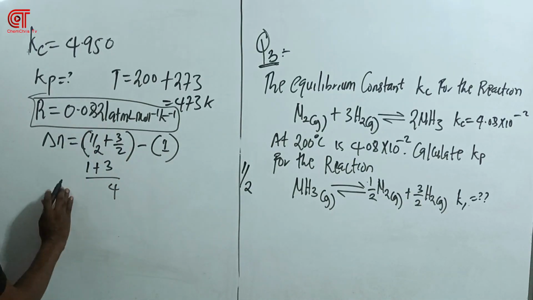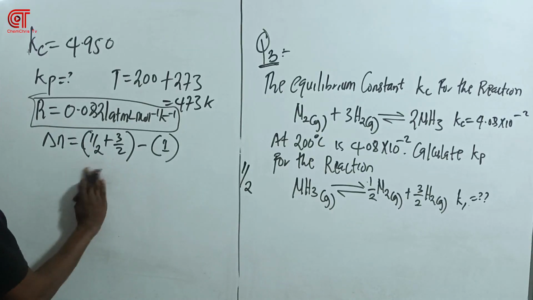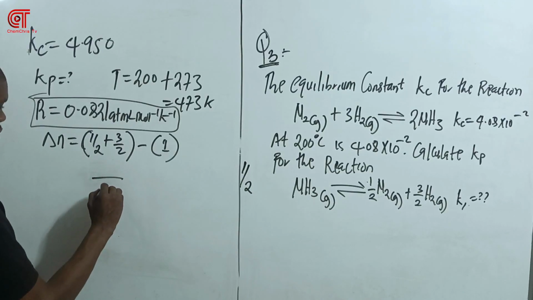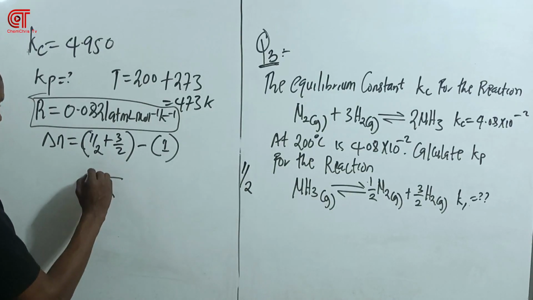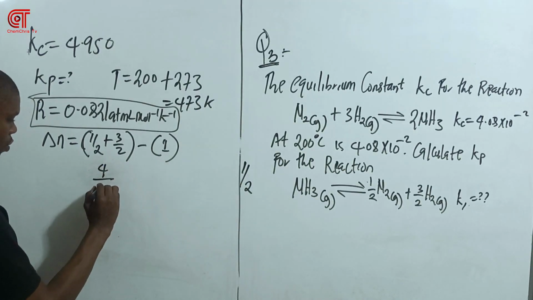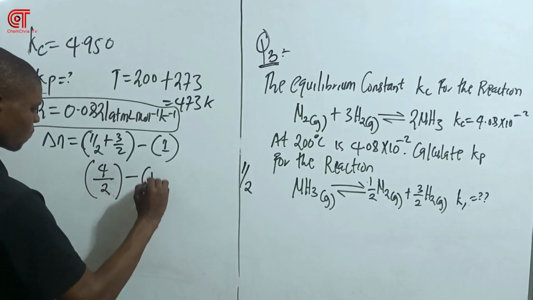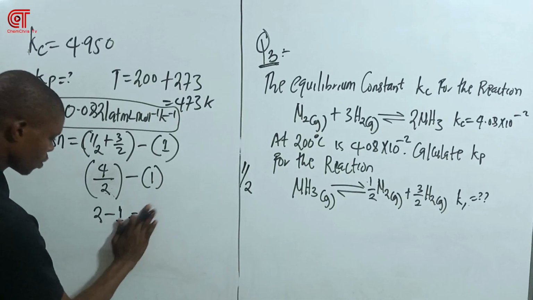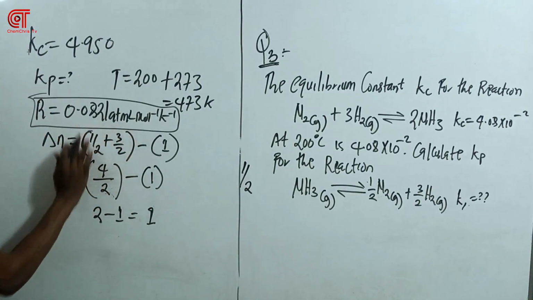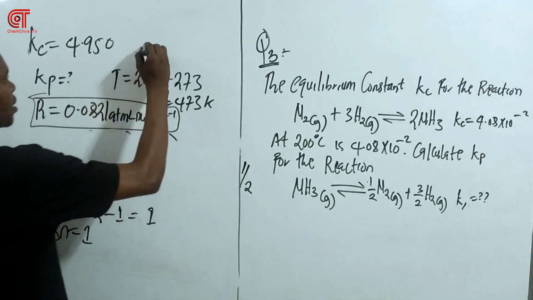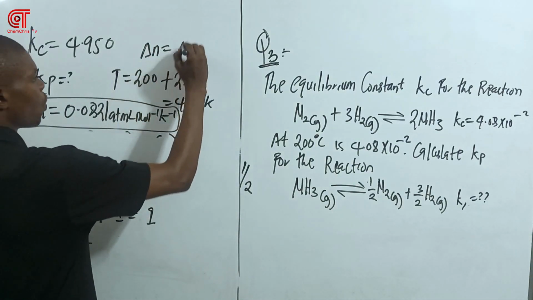So if you evaluate this one here, 1 plus 3 is 4, so you're going to have 4 over 2 minus 1. So that's 2 minus 1, which is 1. So my change in n is going to be 1.